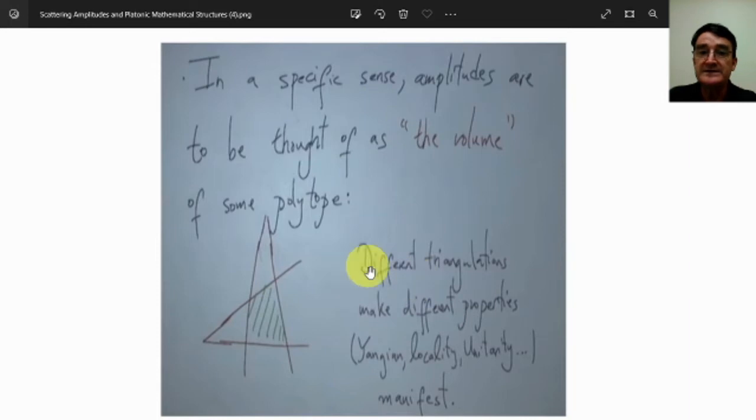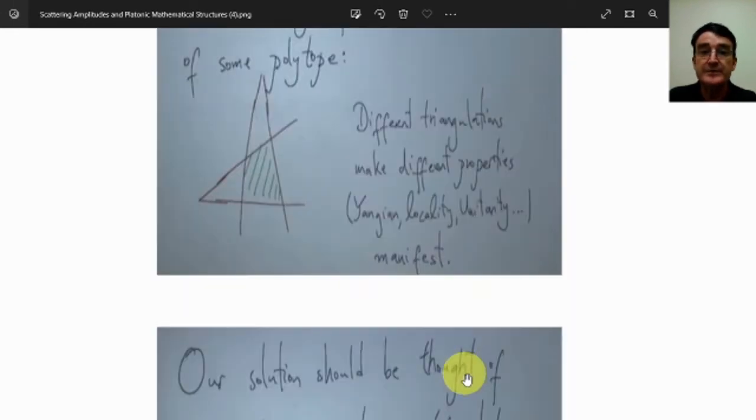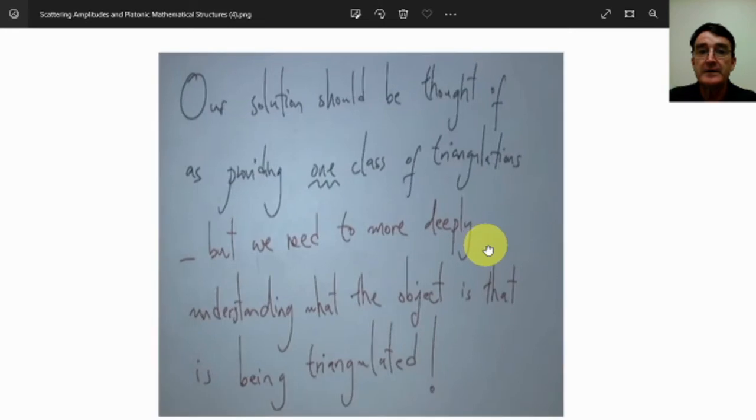And he's saying different triangulations of the shape make different properties manifest, such as locality and unitarity. He says our solution should be thought of as providing one class of triangulations, but we need to more deeply understand the object that's being triangulated.